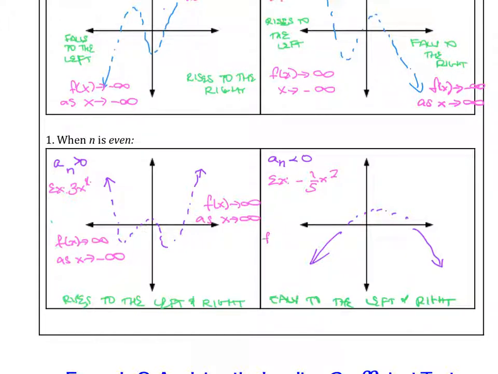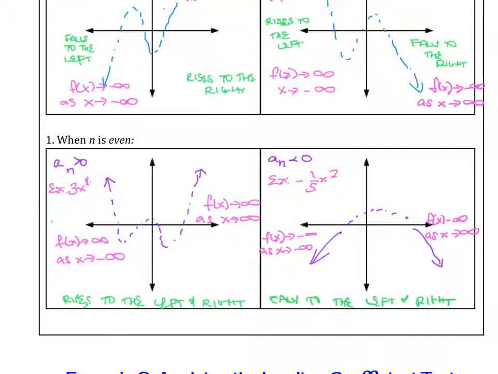Then we could say that f of x approaches negative infinity as our x values approach negative infinity. On the right side, f of x approaches negative infinity as our x values approach positive infinity.